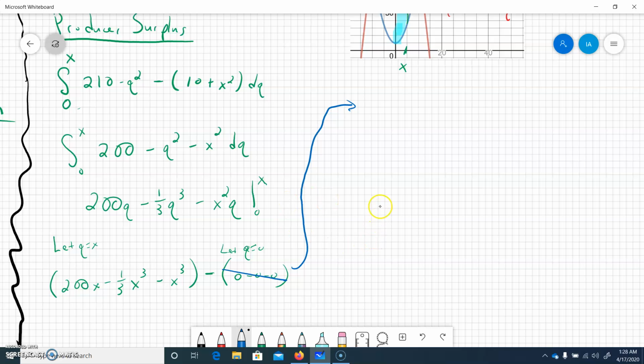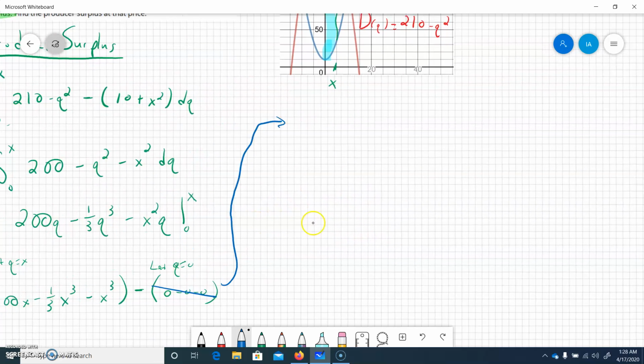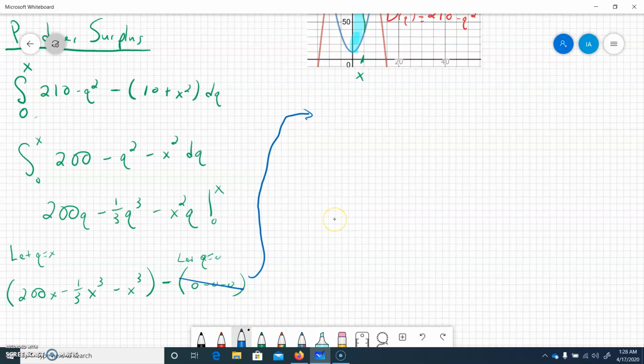So let's come back over here. I need to be able to write this down. So what we've got here is an equation that calculates the producer surplus based off of this random variable x, which is a quantity, and it came up with the equation 200x minus 1/3 x cubed.